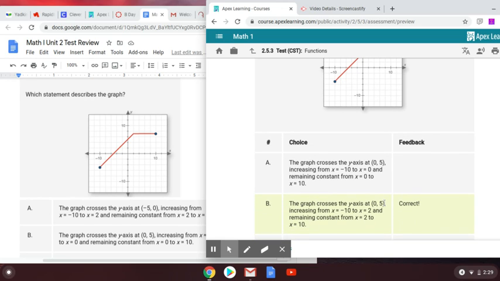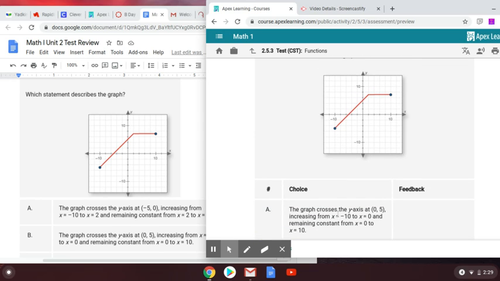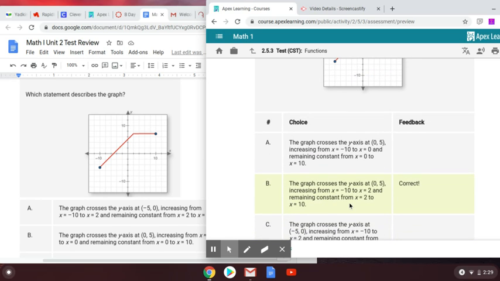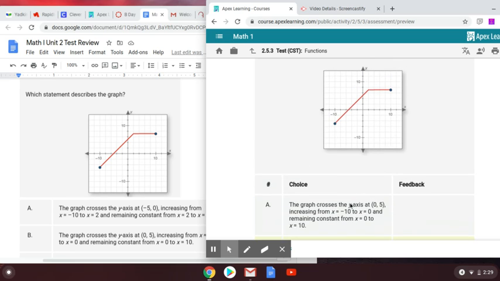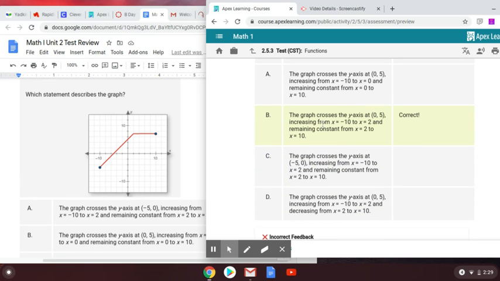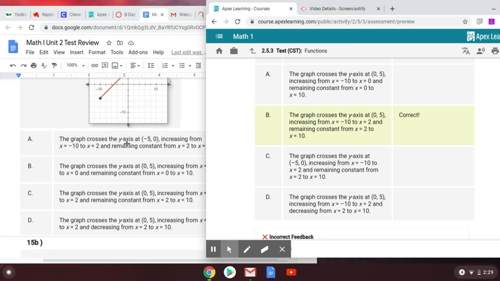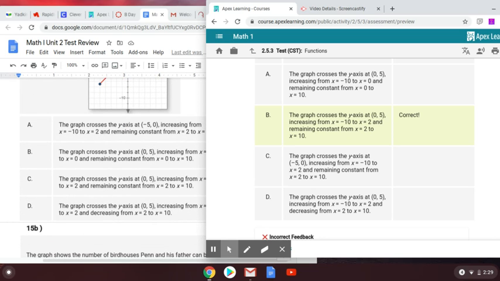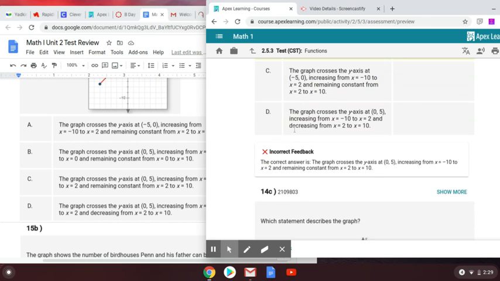Graph crosses at 0, 5, true. Increases from -10 to +2, true. Remains constant from x is equal to 2 to x is equal to 10. So that's why this answer, whatever it would be on yours, was it A? Looks like. Yeah, I think so. Okay.